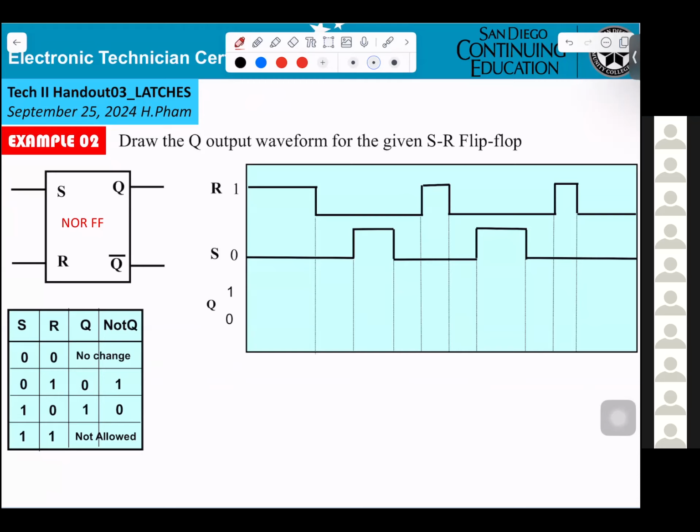What is Q? 0. R is 1, right? Q equals 0. Is it correct? Yes, 0. The next one here, 0 and 0. What is Q? No change. Same thing, no change, right?